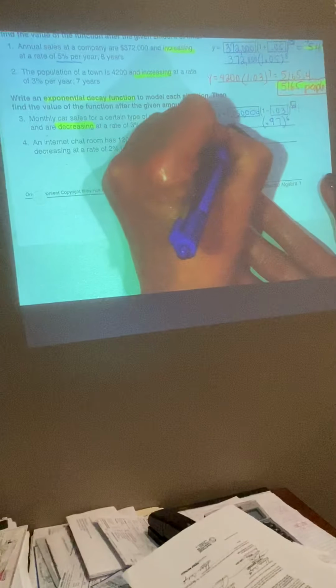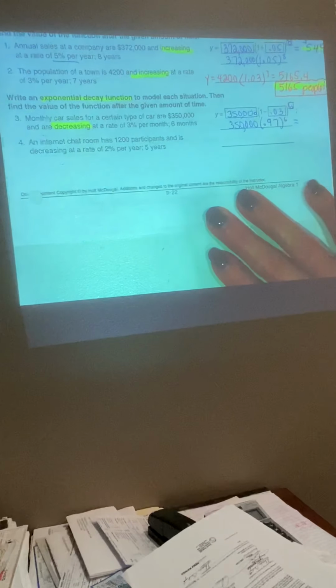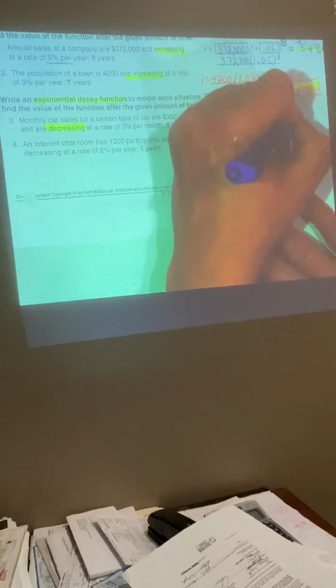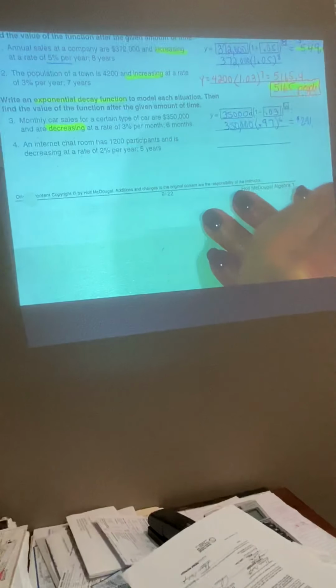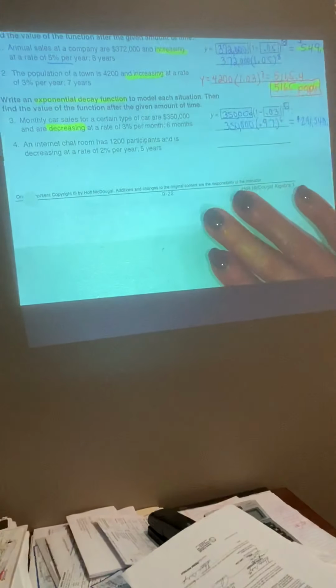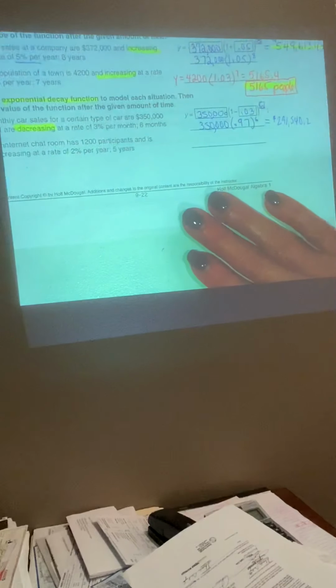Same thing. Okay, and you do it on the calculator and you get 291,540 and you get 0.2. Well, what does 0.2 mean? That means 20 cents.